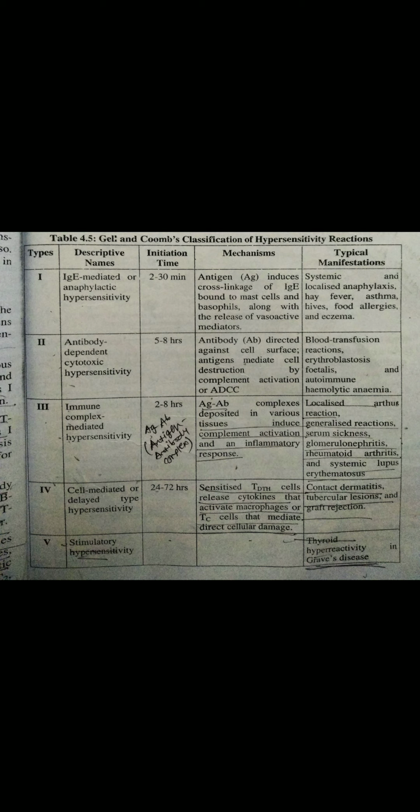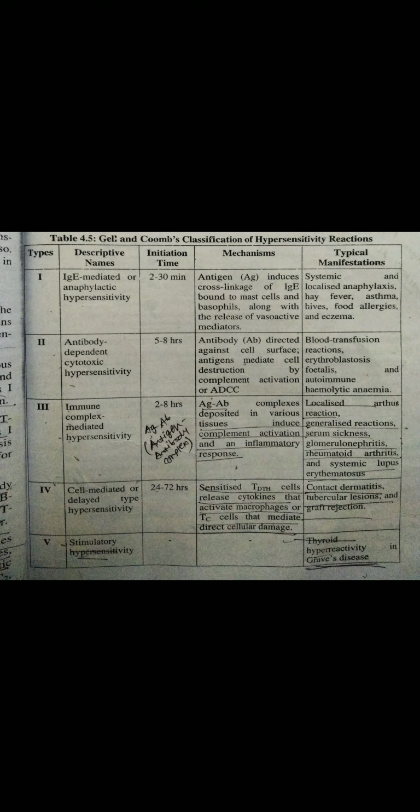In the first type, the descriptive name is immunoglobulin E mediated, or we can say anaphylactic hypersensitivity. Initial time, we can say lag time, means how much time it takes to show the reaction, to show the hypersensitivity symptoms.